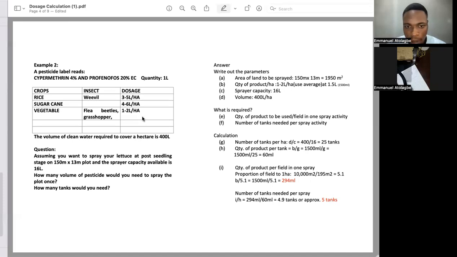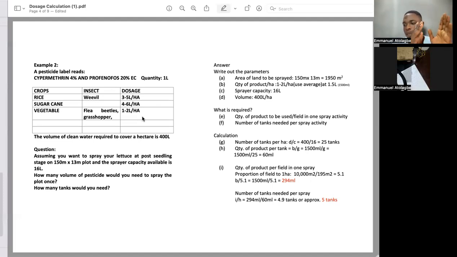So what you do is, quantity of product per tank: 1,500 ml, if you can do the conversion, divided by 25. Remember the way we did the last one. So what would you get? 60 ml. Just pure calculation.